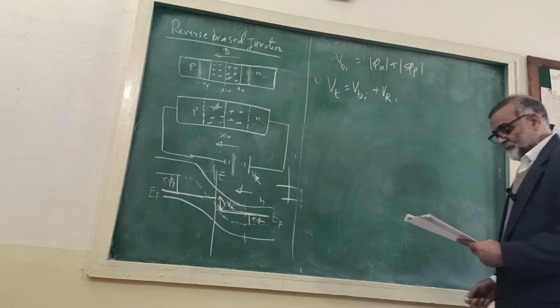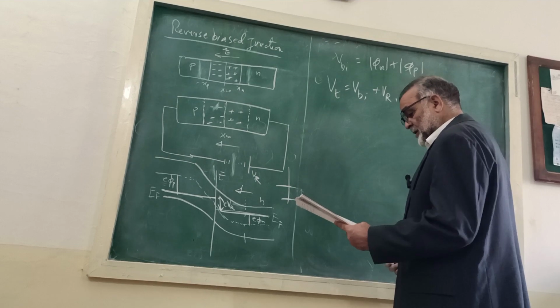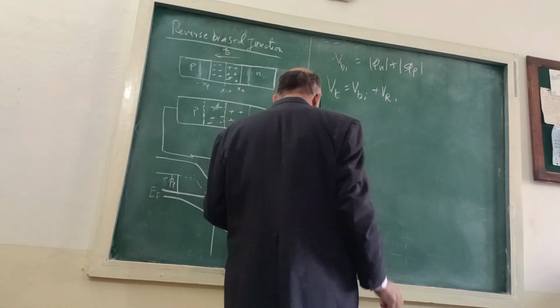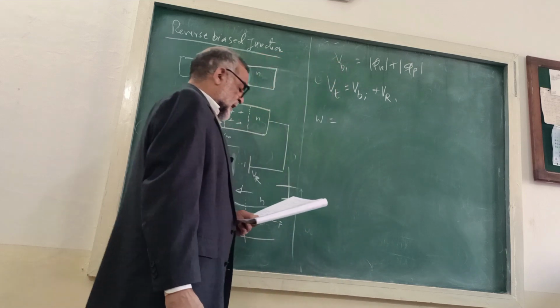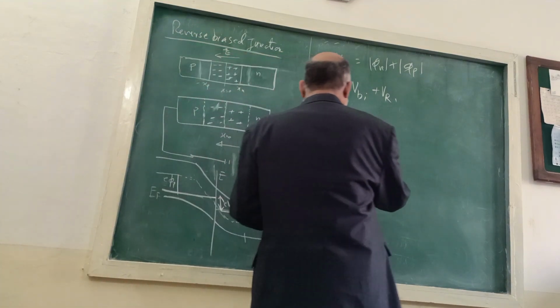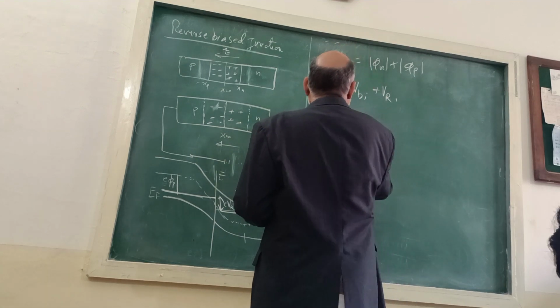Now the width of the depletion region. W is equal to, replace only the VBI by VBI plus VR.